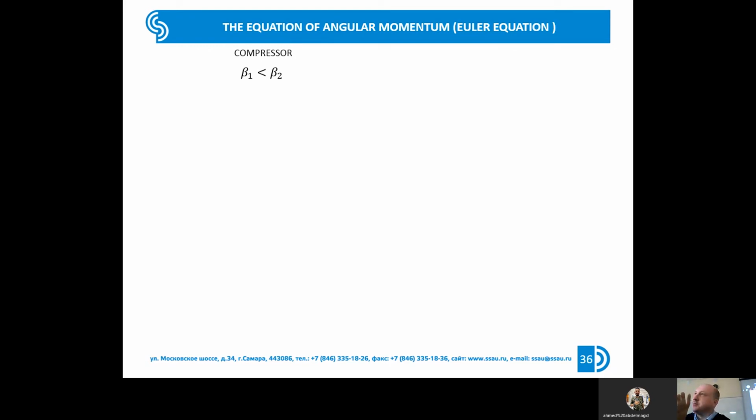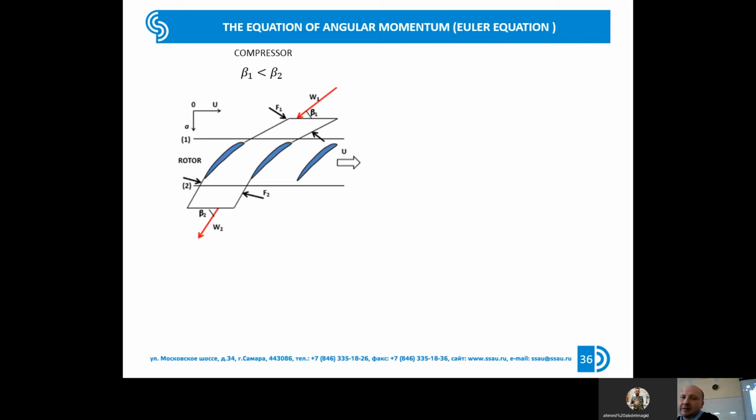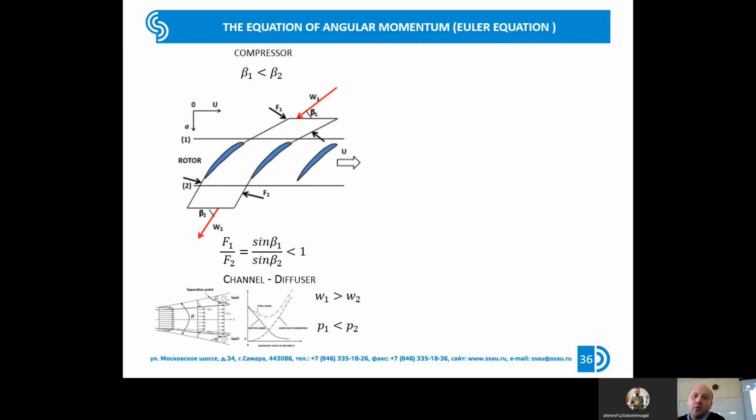Let's speak a little bit about angles. How to realize it, what we finally receive. If we analyze the cross-section area of the flow in the compressor with such a relationship between the angles, finally we receive that the relationship between the cross-section area at the inlet and at the outlet depends on the relationship between the sines of the angles.